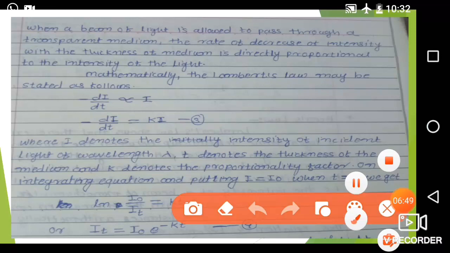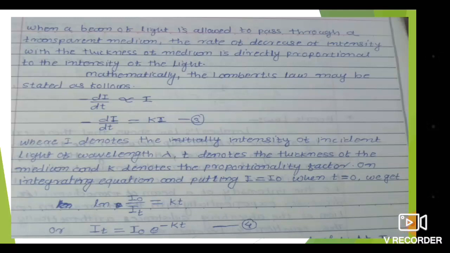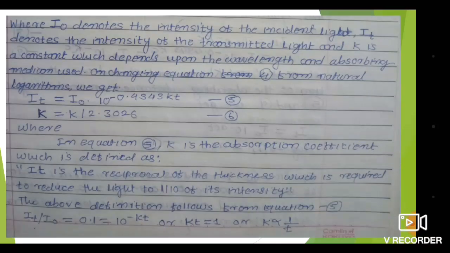Taking the natural logarithm, we get ln I0 upon IT is equal to kt, then IT is equal to I0 e raised to minus kt after integration, where I0 denotes the intensity of incident light, IT denotes the intensity of transmitted light, and k is a constant which depends upon the wavelength and the absorbing medium used.